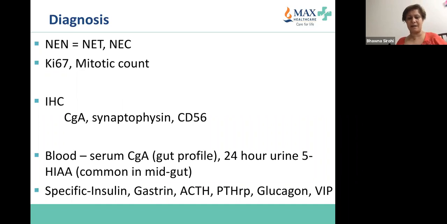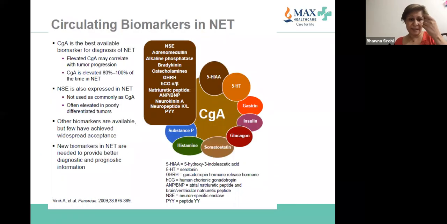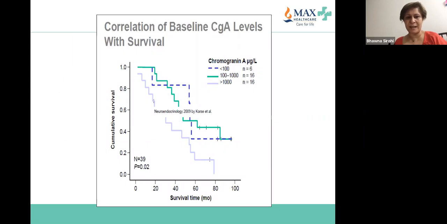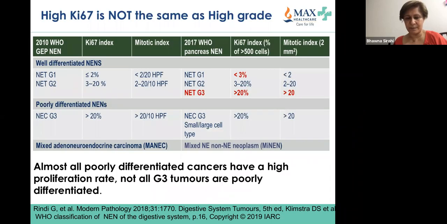Specifically, in some tumors, you may want to do insulin, gastrin, or other hormone levels as well. Again, circulating biomarkers, chromogranin A is very important, and it has a prognostic value as well. So higher the value, the worse are the outcomes.